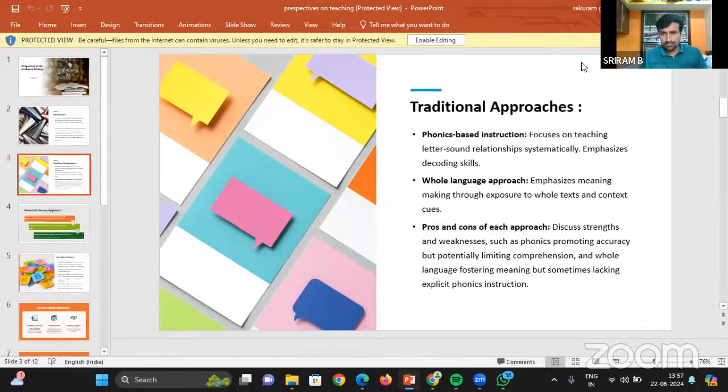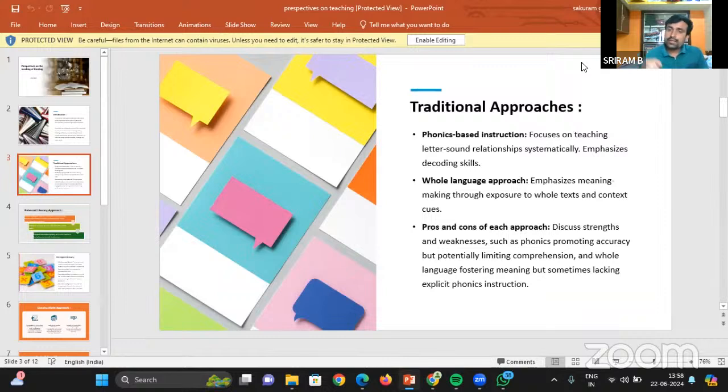Next one is whole language approach, emphasizes meaning making through exposure to whole text and context cues. Next one is pros and cons of each approach. Discuss strengths and weaknesses, such as phonics promoting accuracy but potentially limiting comprehension, and whole language fostering meaning but sometimes lacking explicit phonics instruction.